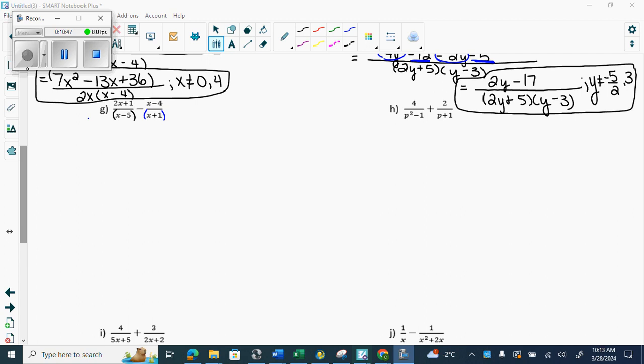Oh, we have 2x plus 1 over x minus 5. I'm going to multiply that by x plus 1. Minus sign. x minus 4 over x plus 1, and I'm going to multiply that by x minus 5.